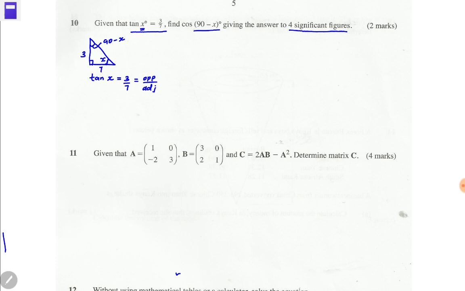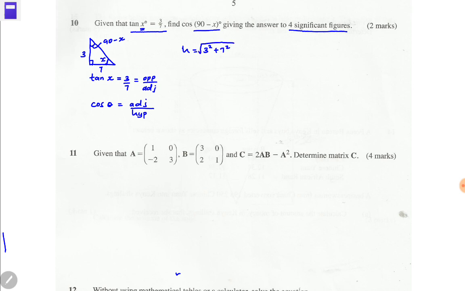Now we are required to determine the cosine of 90 minus x. The cosine of any angle theta is equal to adjacent over hypotenuse. Therefore, we need to find the value of the hypotenuse. So using Pythagoras theorem, the hypotenuse will be equal to the square root of 3 squared plus 7 squared.